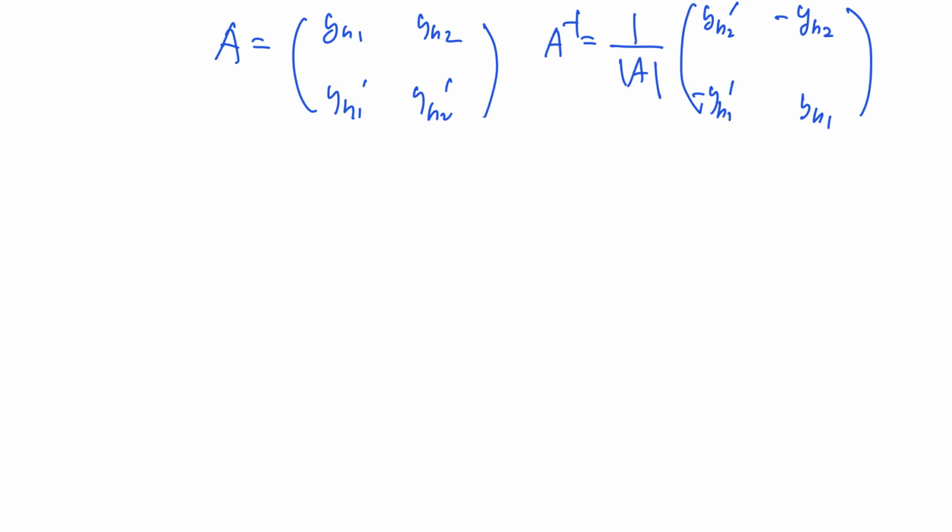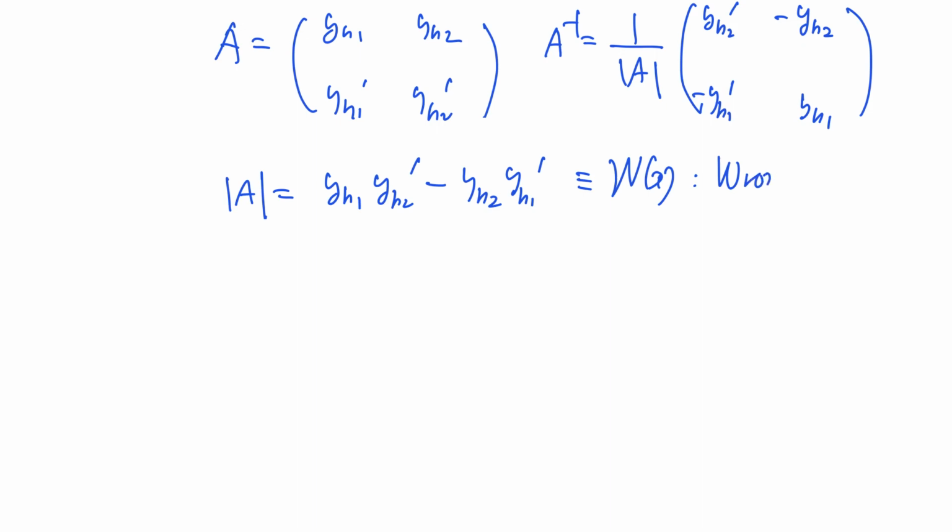And determinant A is yh1 yh2 prime minus yh2 yh1 prime, and sometimes it's called the Wronskian. It is a name.